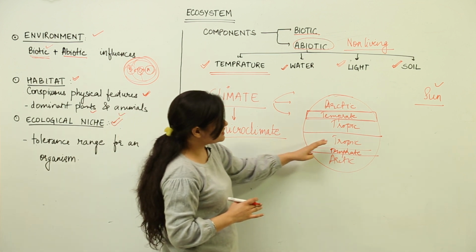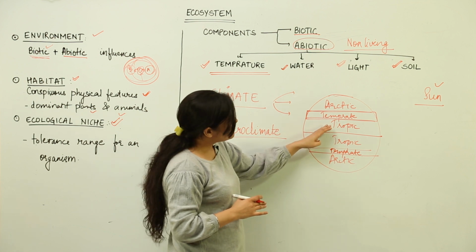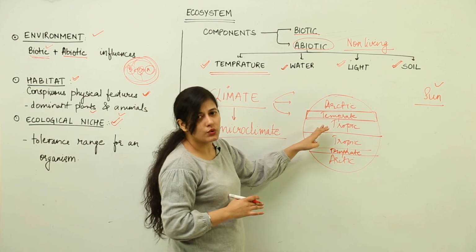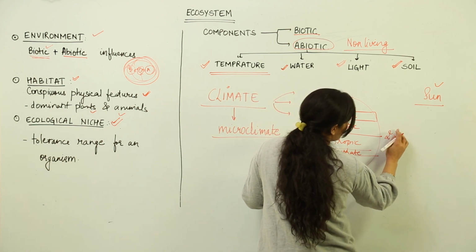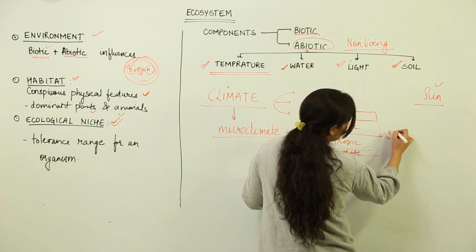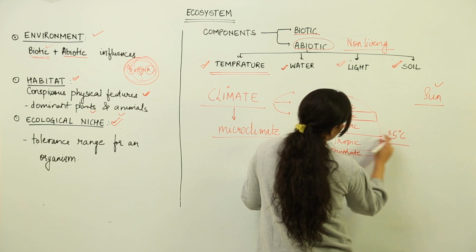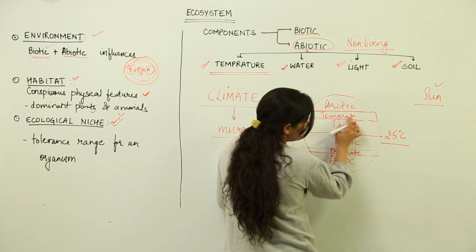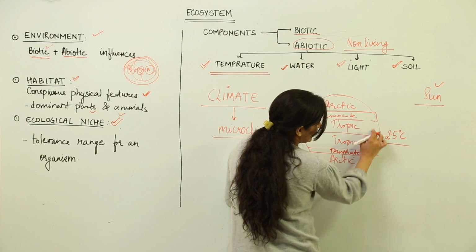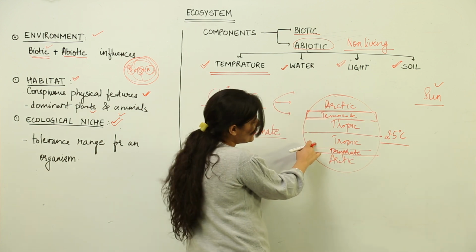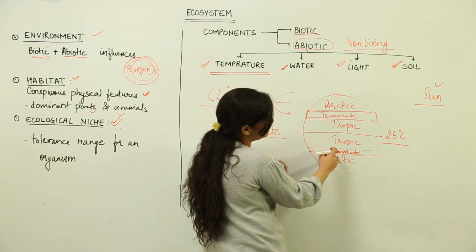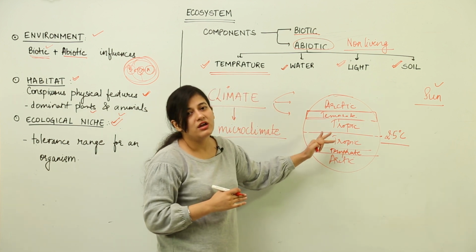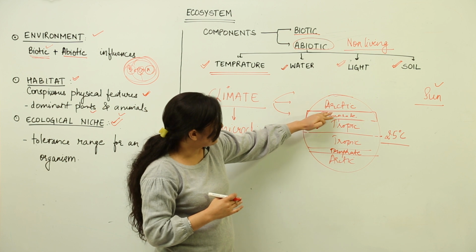Now this region receives maximum sunlight. If there is maximum sunlight, there is not much temperature variation. The optimum temperature for almost all living organisms happens to be 25 degrees Celsius, which is provided in this region. So this region will have maximum biodiversity and maximum productivity. Maximum productivity means this region would have many more species in comparison to that region.